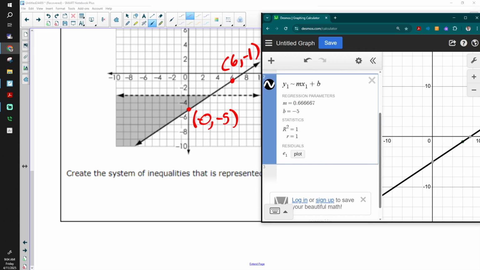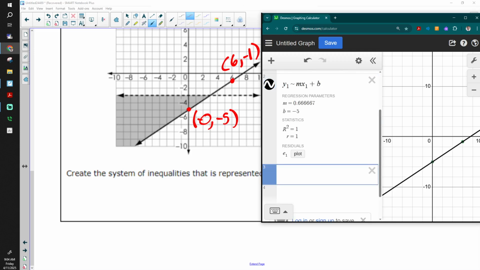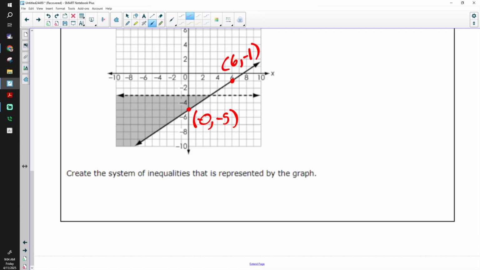M is 0.6 repeating. We can turn that into a fraction. Clicking my fraction button, m is 2/3, b is negative 5. So y equals 2/3 x minus 5. That's our first equation. And now we need to do our second equation.